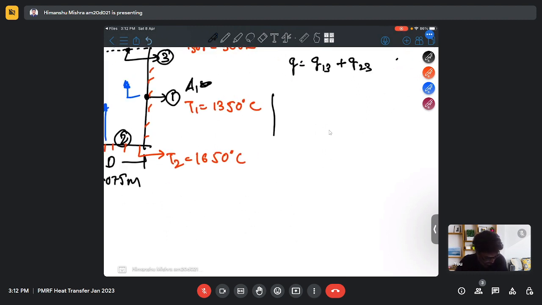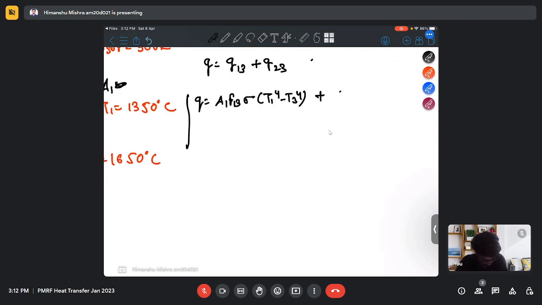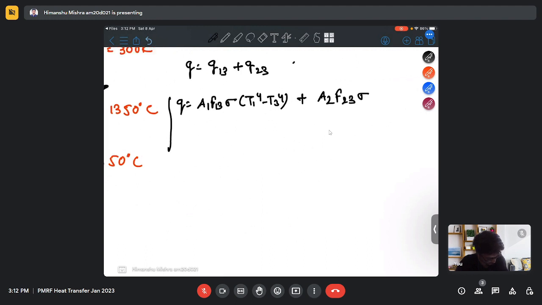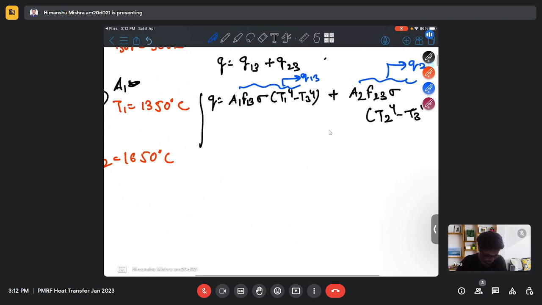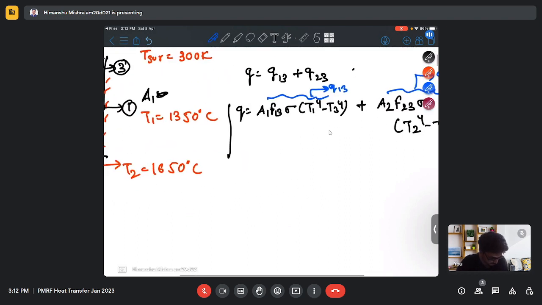So the radiation heat transfer can be written as follows, where this is my Q13 and this is my Q23, that means from surface 2 to 3, and F13 and F23 are my shape factors.